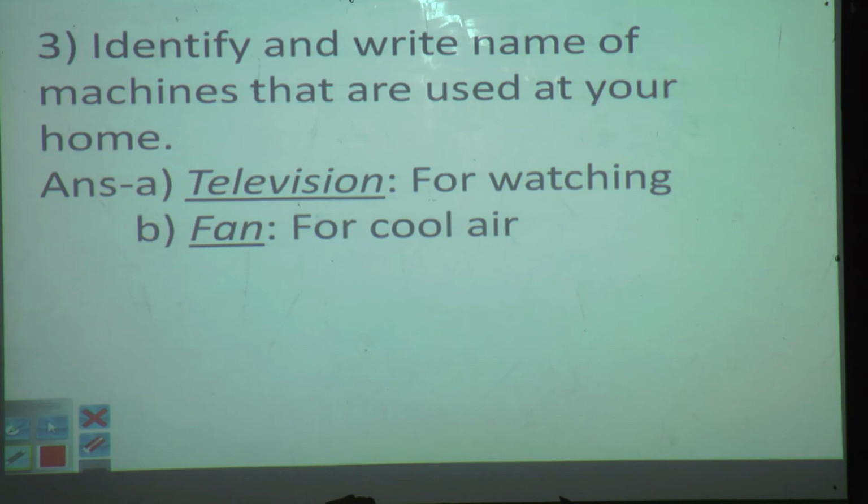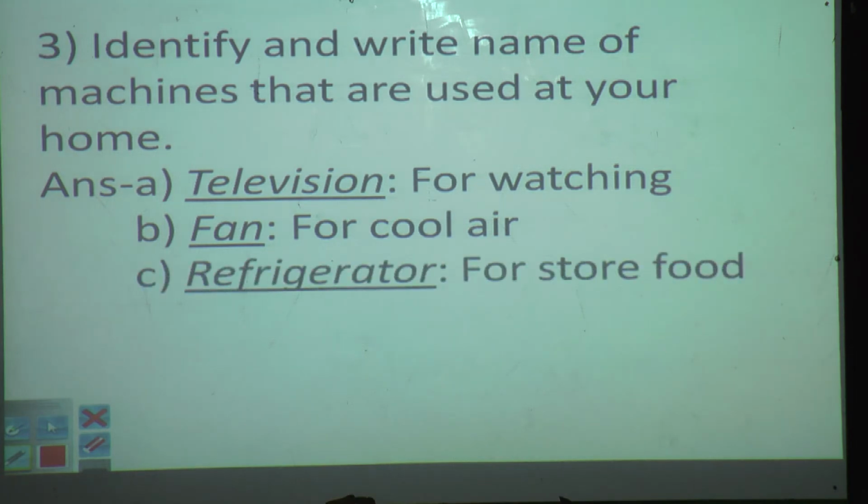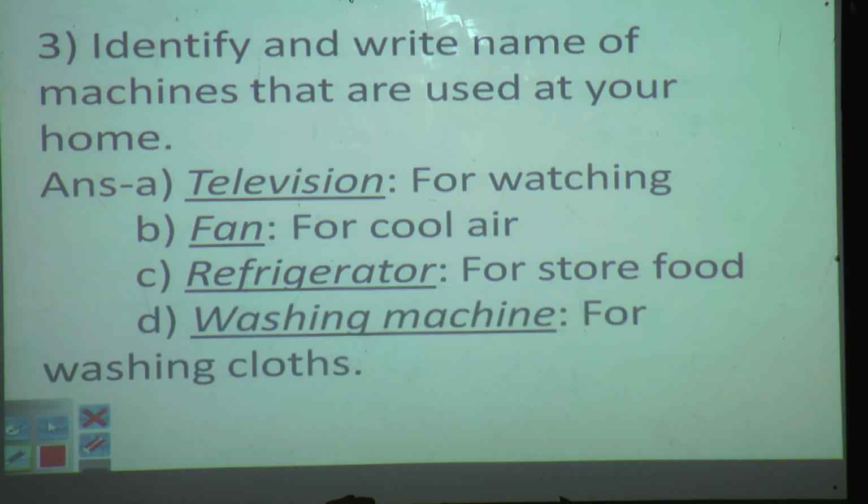Next one is fan. Why are we using the fan? Yes, for cool air. Next, a refrigerator. Why are we using the refrigerator? To store our foods. Next, washing machine. Why are we using the washing machine? For washing the clothes.